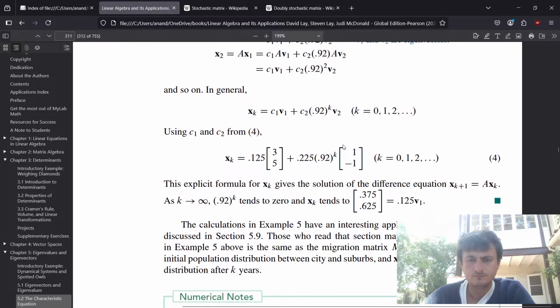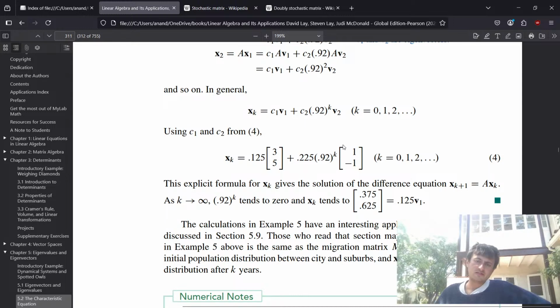Right. So in this case, because the powers of 0.92 go to 0, it tends to 0.125 times the vector. Okay, and this is the steady state.